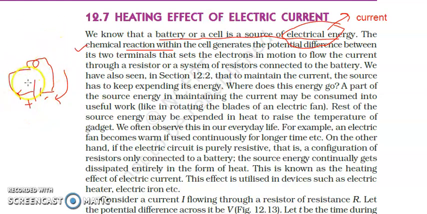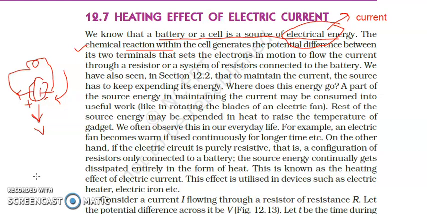And the reason behind all this is the potential difference created between these two terminals, due to which the current is flowing.